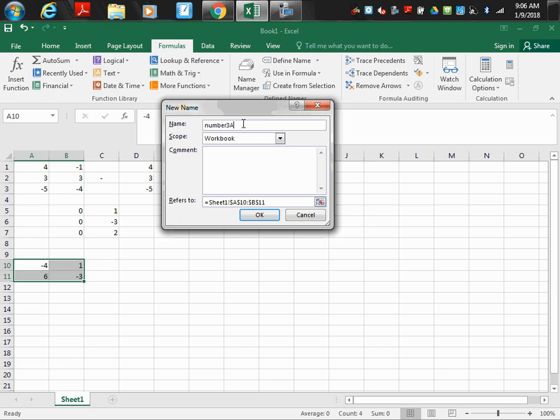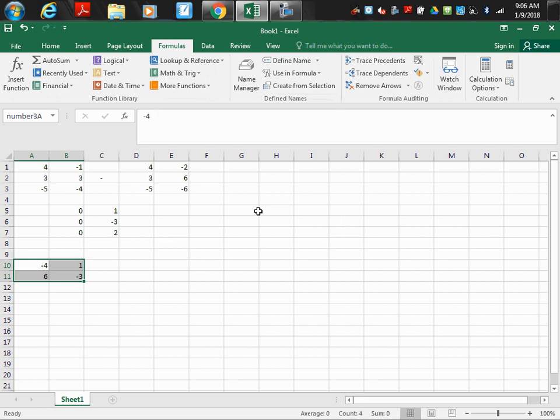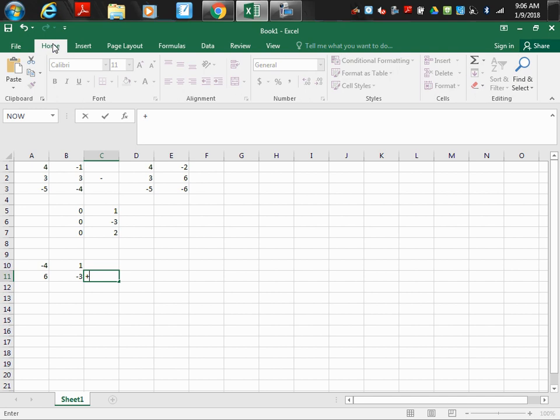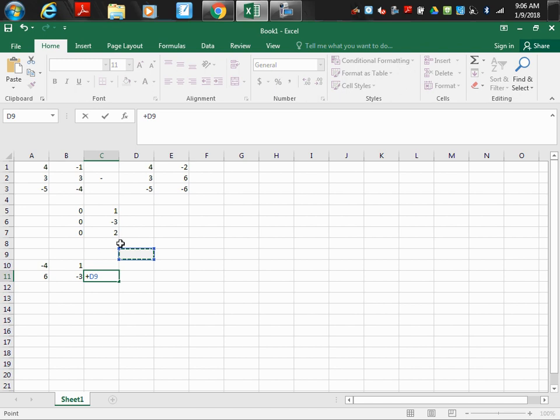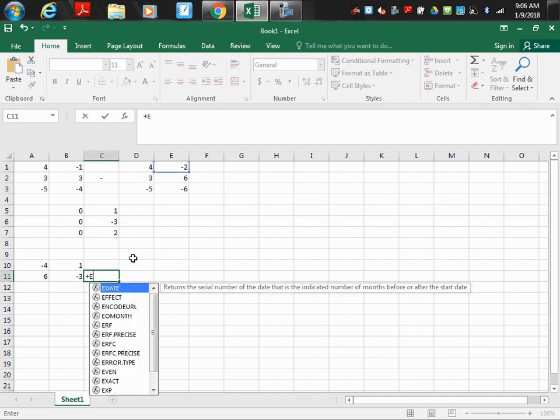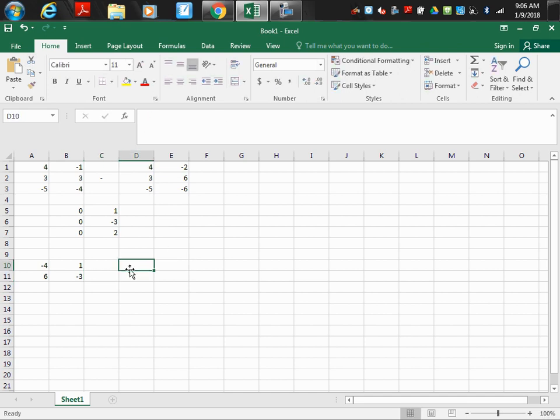Number 3, Array A. And then we're going to add. Okay, so we'll leave the symbol out. I don't know why it's doing that.